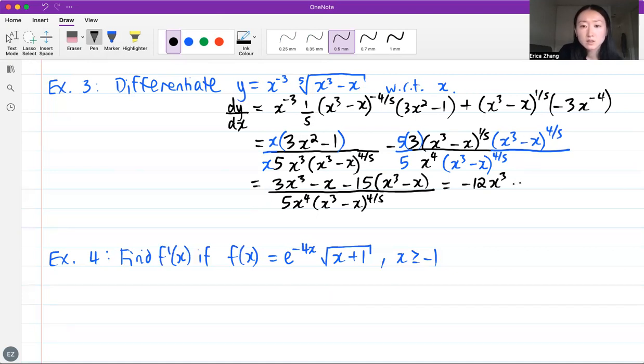So that gives us plus 14x all over 5x to the power of 4 times (x cubed minus x) all to the power of 4/5. And we notice that we have x as a common factor in the numerator and in the denominator. So let's cancel that.